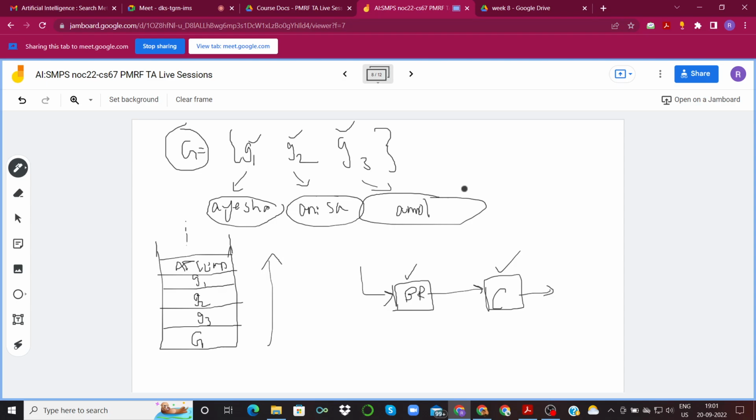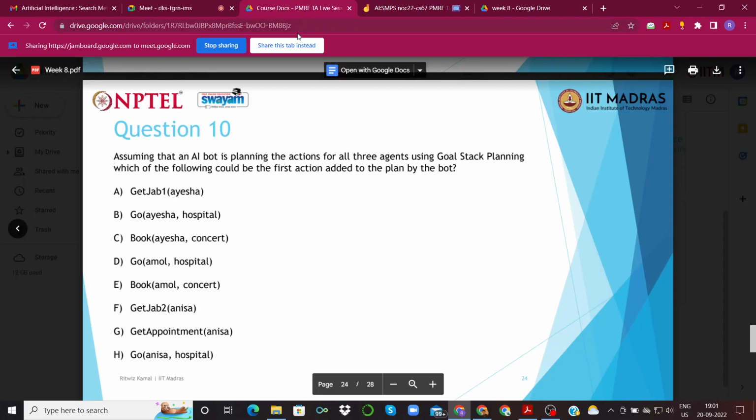So in the case, let's say case one, suppose we solve Amol's goal first. Then what will be the first action that could be added?